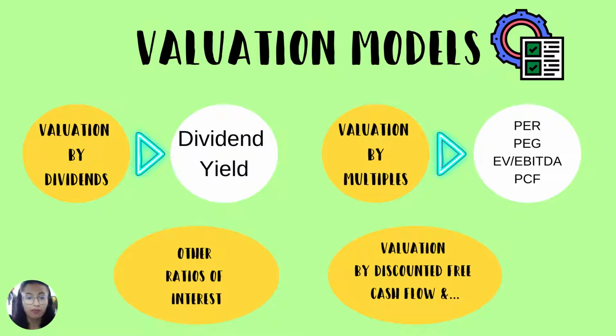The second is valuation by multiples, such as price earnings ratio, price earnings growth ratio, enterprise value to EBITDA, cash flow multiplier, and value ratio. With this, we determine whether the shares are undervalued or not.